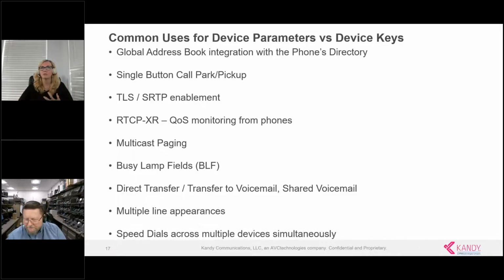That's the global address book and the personal address book, and that's integrating it into the phone. Each phone has something they call directory or something like that. And so integrating into that, making the phone a little more usable to be able to look up coworkers and other numbers. Another example is that single button call park and pickup. It's something that we started with Yealink. We're working with others to do and trying to include that in buttons in the future. But today, the way to do it is to do it through device parameters.